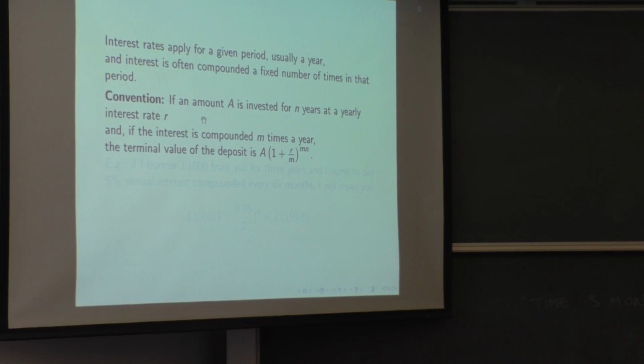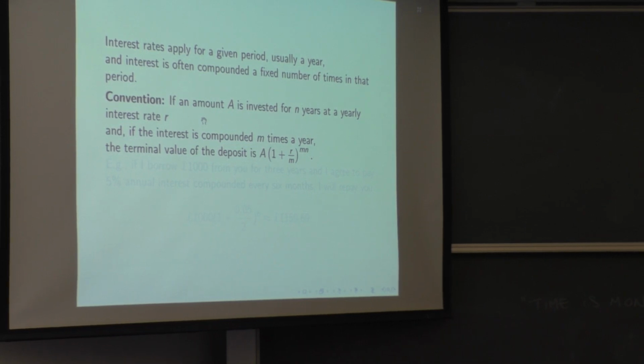After each compounding period, your money is going to grow by some factor. That factor is going to be 1 plus the yearly interest rate divided by the number of times interest is compounded every year. So after one period of compounding, you're going to have this amount of money.